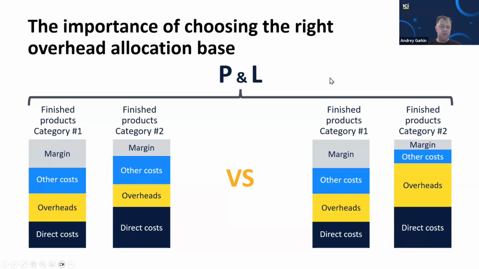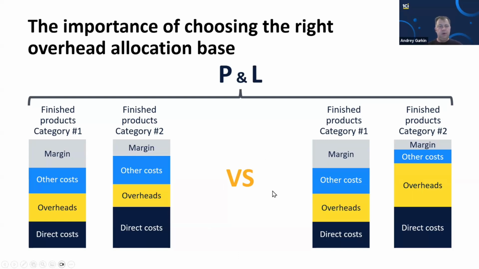But if you choose something different, you can see that overheads are spread more, or inside these overheads we will see an absolutely different proportion. And because the last step, after registering overheads, is 100% allocating to the direct cost, you will see that the margin will differ too.